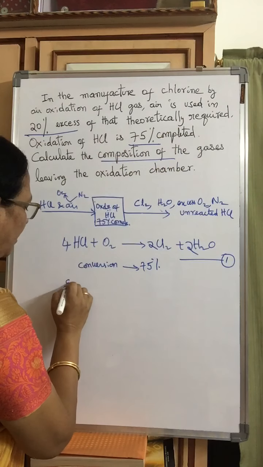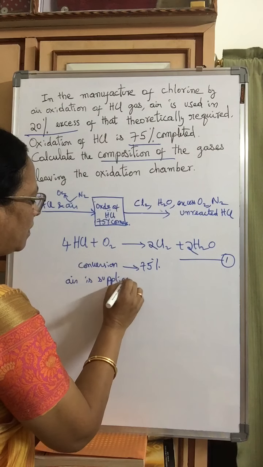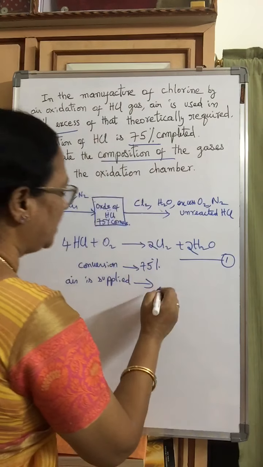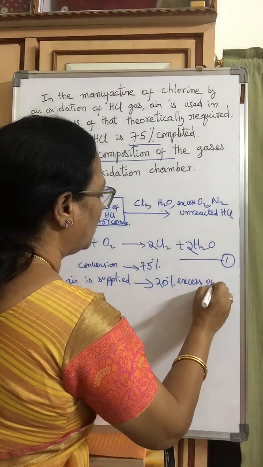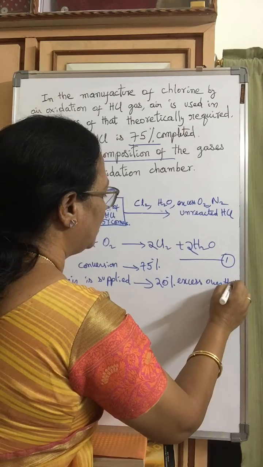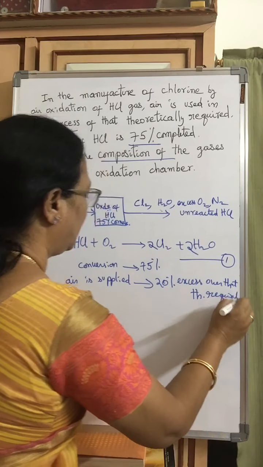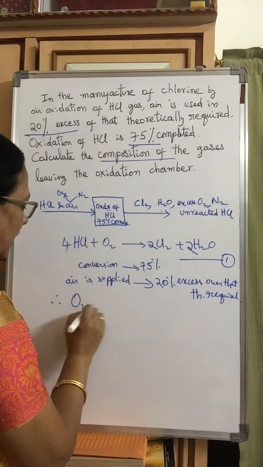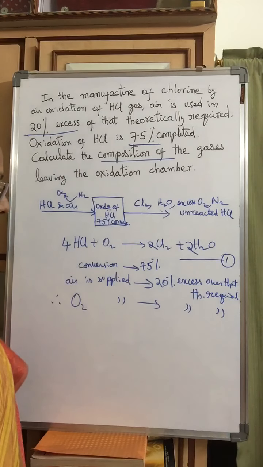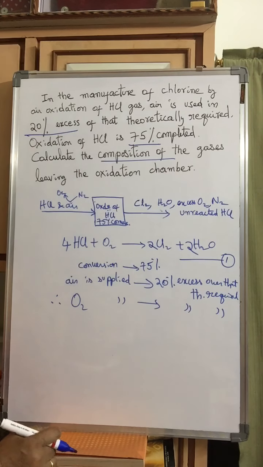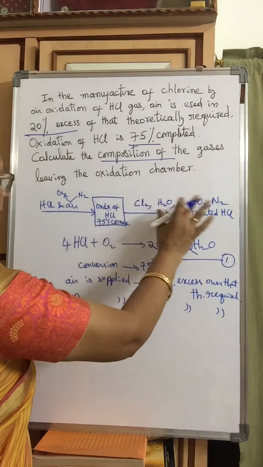Air is supplied in 20% excess over that theoretically required. Therefore, we can understand that oxygen is also supplied 20% excess over the theoretically required. Then we need to calculate moles of each component.